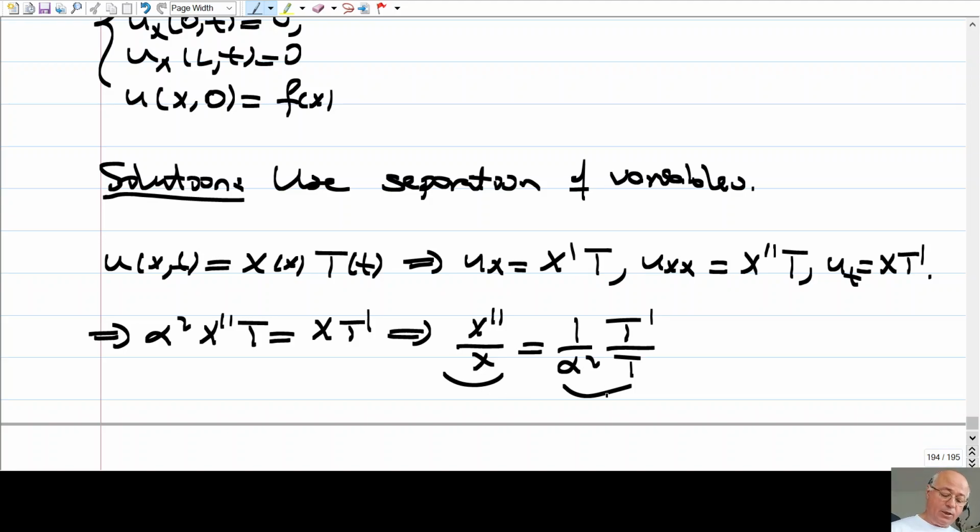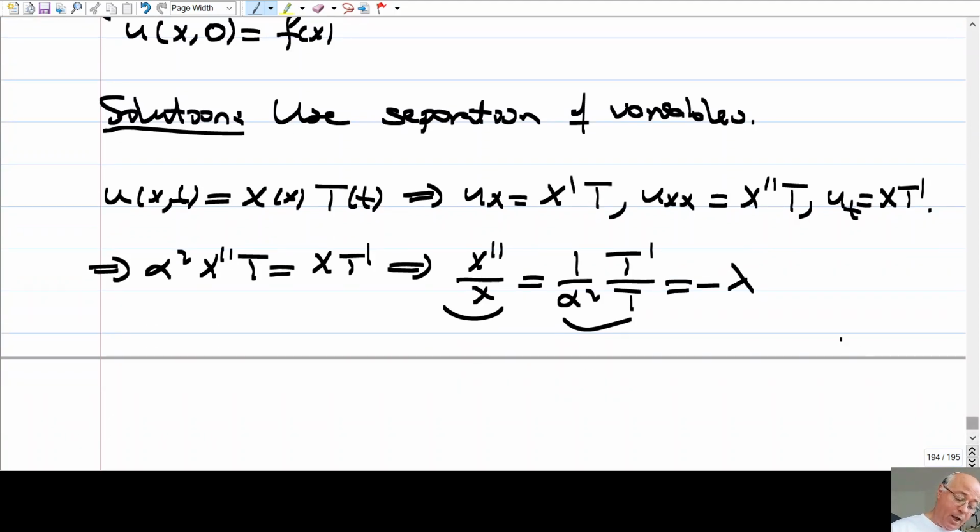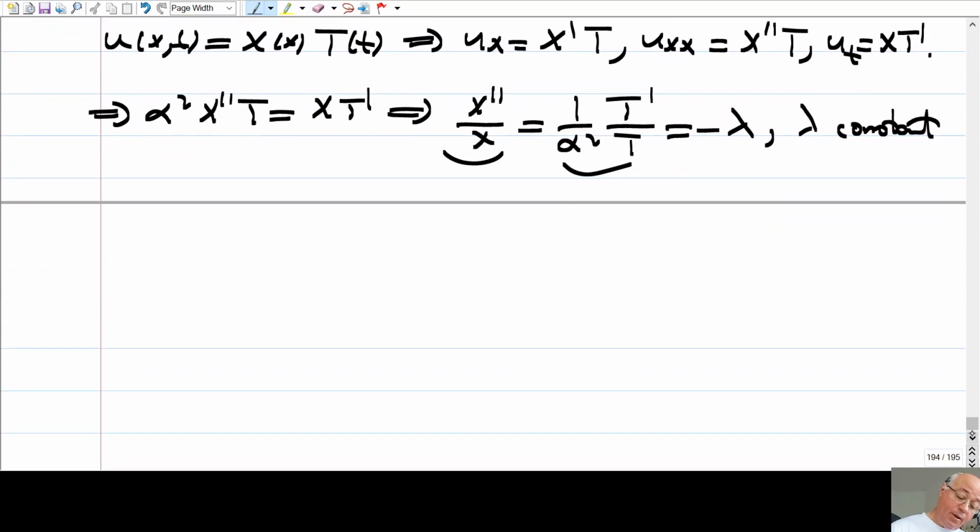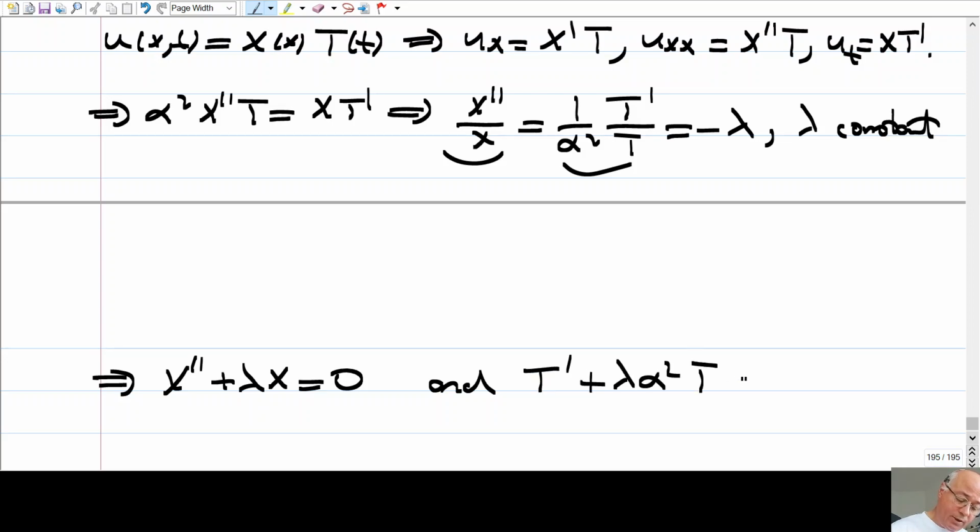One of them is x, the other one is t, and these functions are equal. That is only possible if both functions are constants, and that constants are the same for both of them. As before, I will choose that constant to be minus lambda. Lambda is a constant, okay? And from this we get again X double prime plus lambda X equals 0, and we have also this equation T prime plus lambda alpha squared T equals 0. So we have two ordinary differential equations.